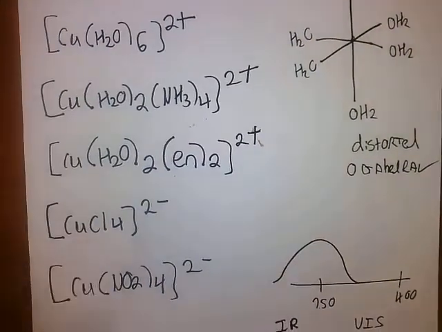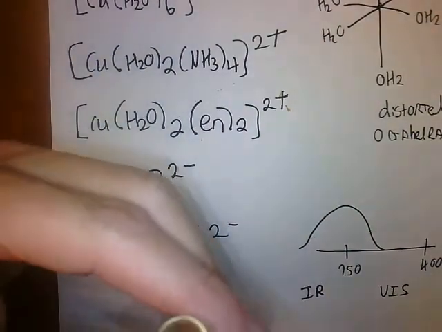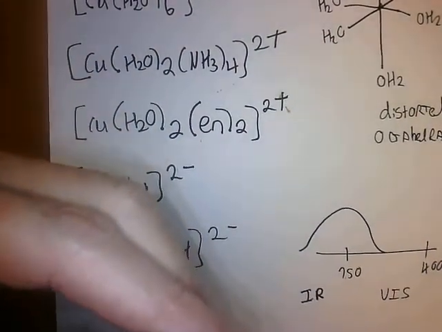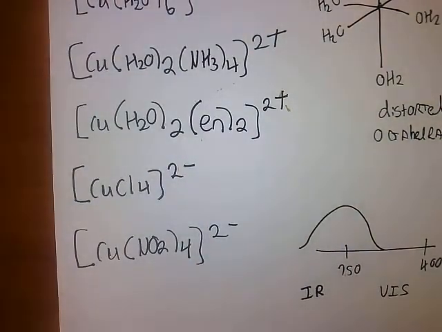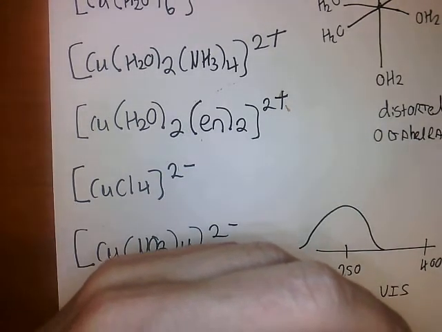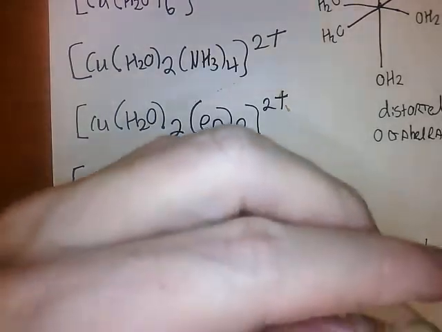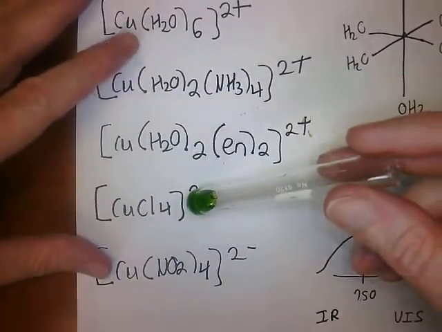And then in the very last tube we're going to add some solution of sodium nitrite, which forms the tetranitro. That gives you a green colored solution.